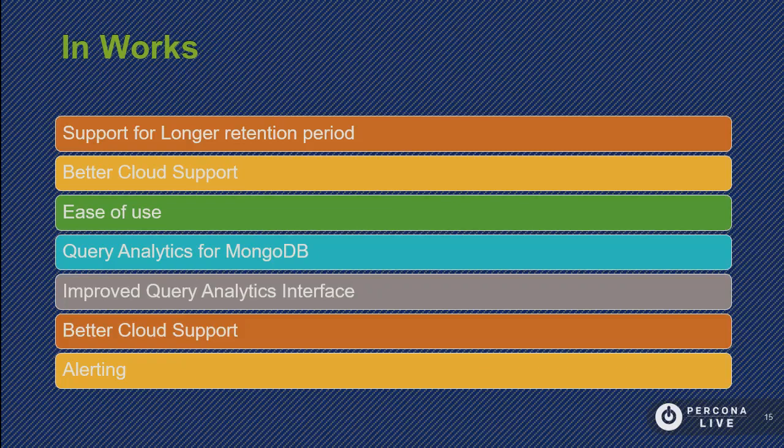So what do we have in the works? What have we been working on? Well, support for longer retention periods, right? That is one of the things a lot of folks are asking about. We now support very high-resolution data capture, and you can configure PMM to store data for as much time as you want.